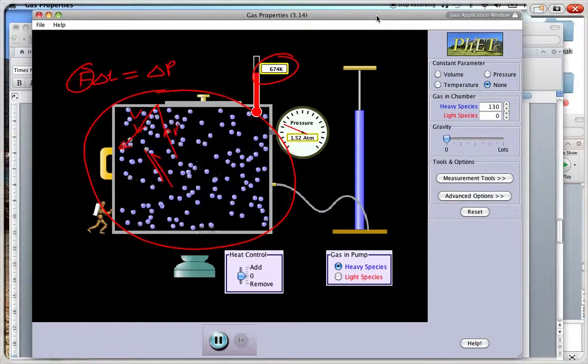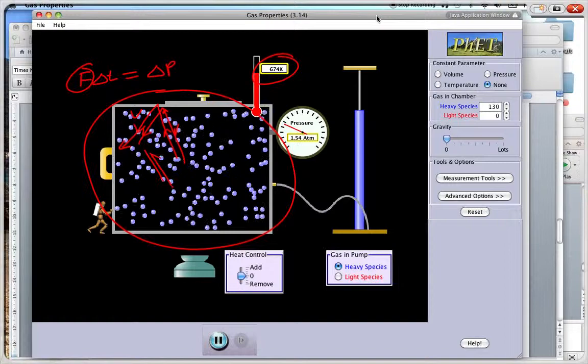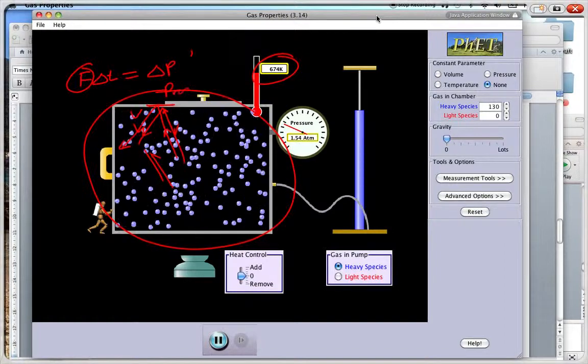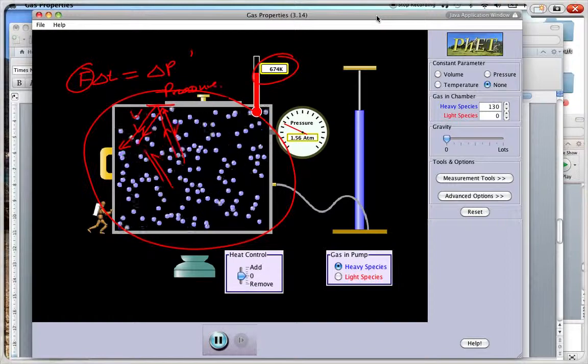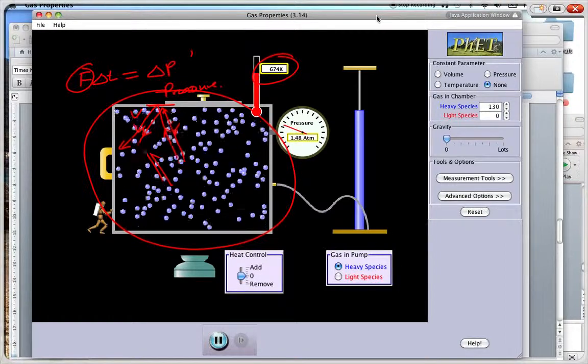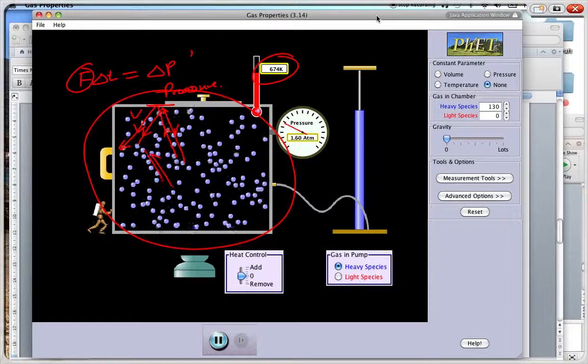So the more particles that are hitting and the quicker they're hitting per unit area, the greater is going to be the pressure. So that's where the pressure comes from. It's these particles hitting, changing their momentum, applying a force, and therefore applying a pressure.